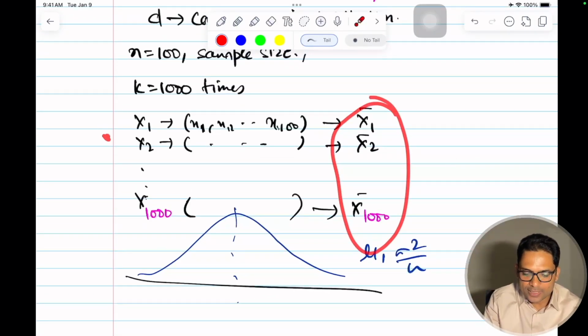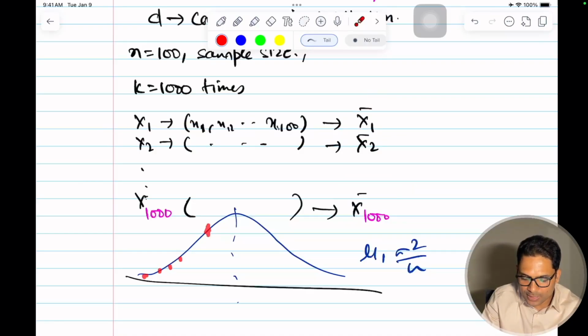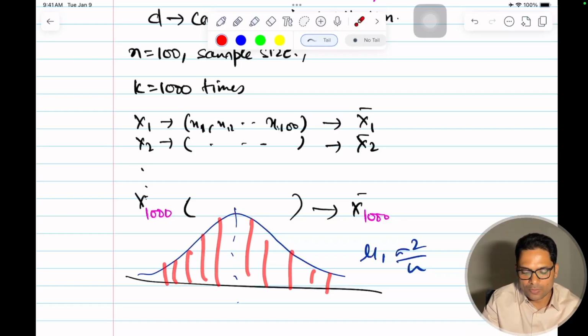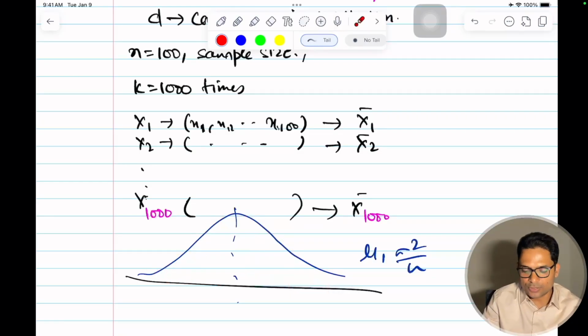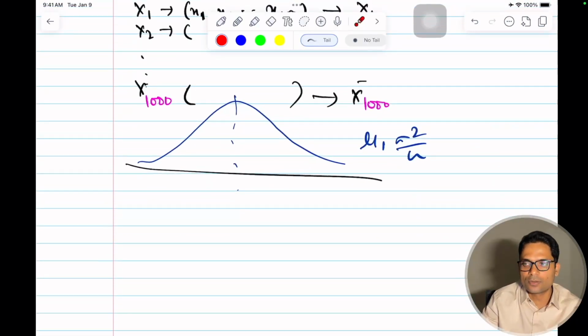Otherwise, if I just have one sample, what will I plot? This is one data point. I will get 1000 data points, only then can I plot this. Generally this will be a histogram, and then we'll see that this is a normal distribution. I hope this is clear now.